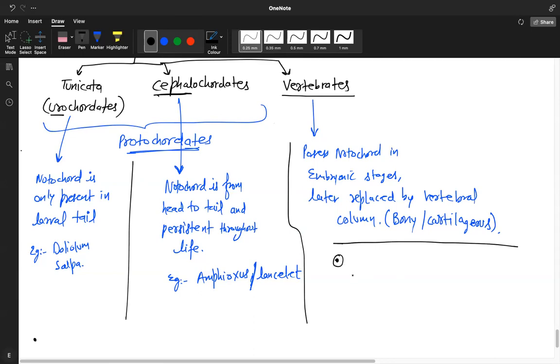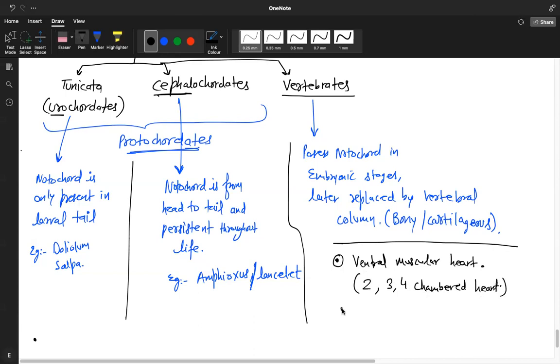It is a ventral muscular heart, which has chambers. Depending on which class we study, it can be 2-chambered, 3-chambered, or 4-chambered, starting with fish having 2-chambered and mammals having 4-chambered. So 2, 3, or 4-chambered hearts are present in vertebrates.